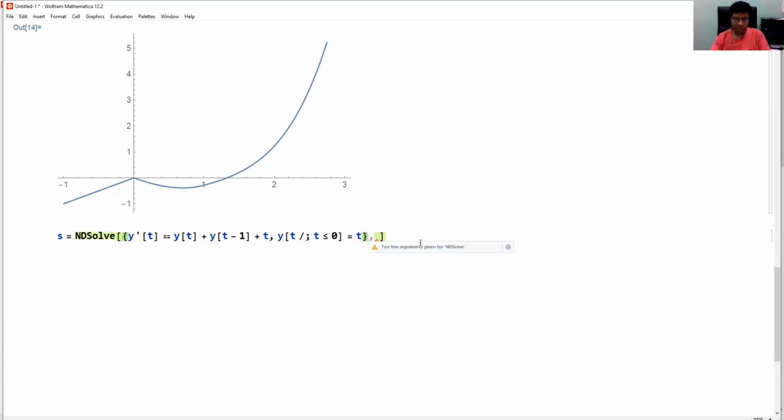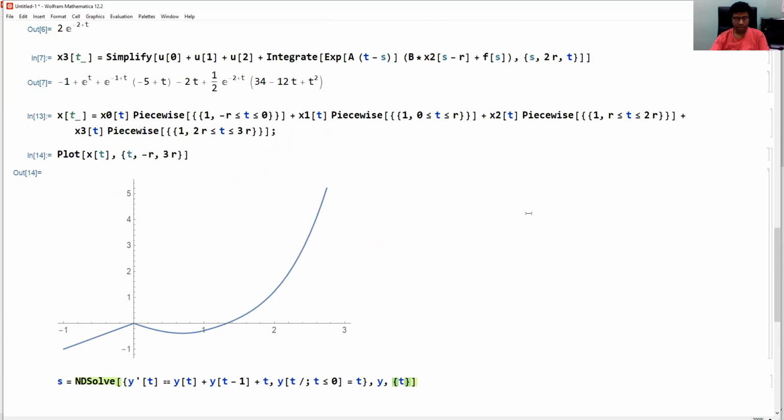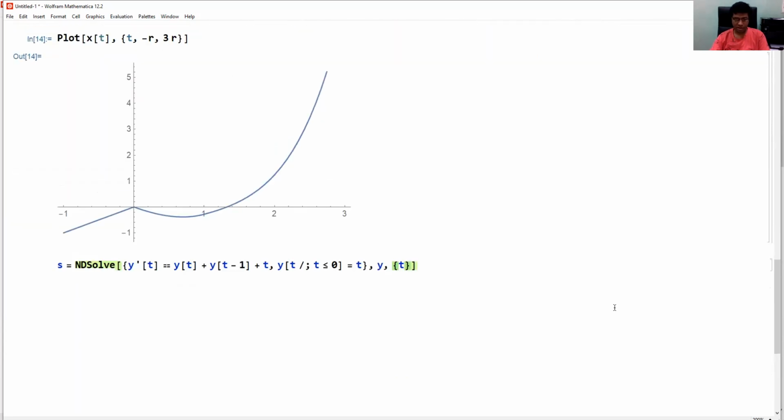Then the next thing is the dependent variable, which is y, and the next thing is t. We solve this in the interval minus 1 to 3, or we may write minus r to 3r. Fine. Let us run this.